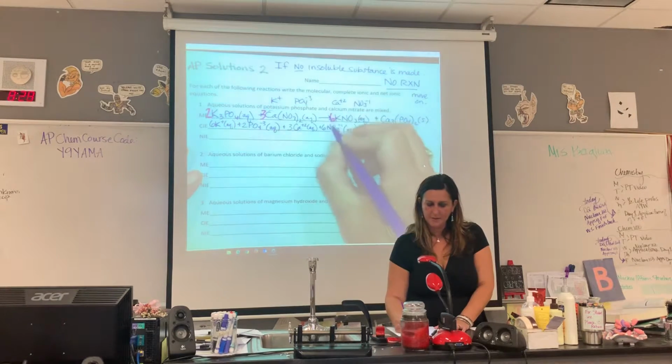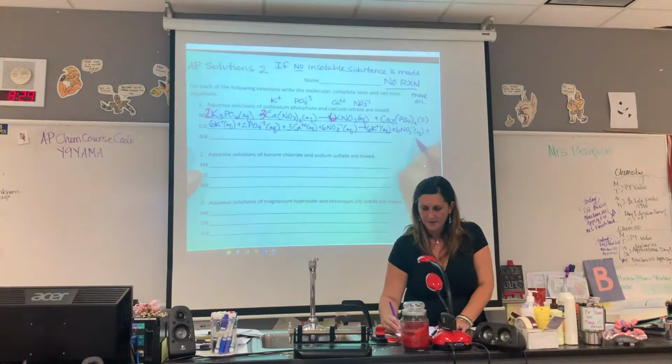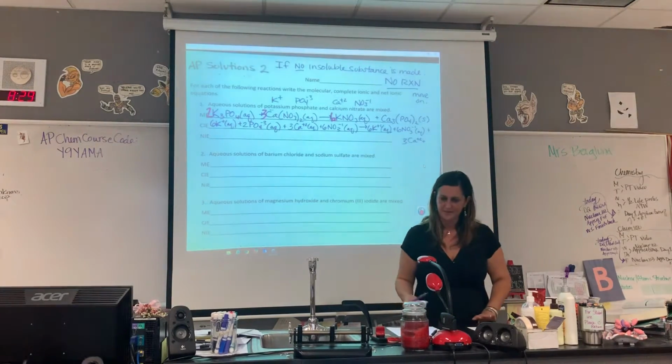And over here on the product side, we have 6 potassiums, aqueous, and 6 nitrates, aqueous. And then we have our calcium phosphate, which is our solid, Ca+2, and there's 3 of them, plus 2 phosphates. Oops, sorry, I totally messed that one up. Hang on. My bad.